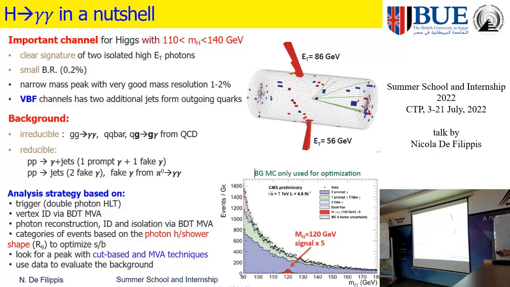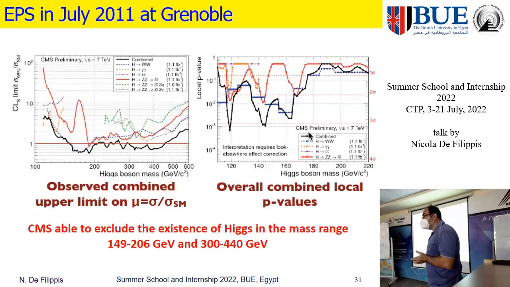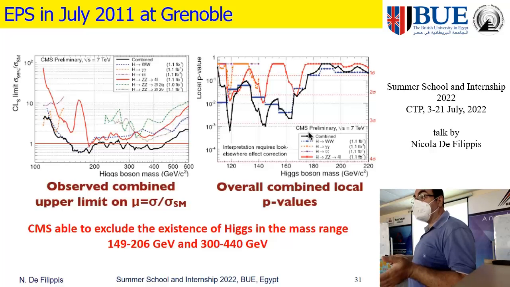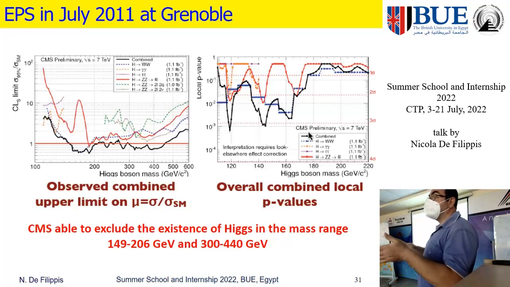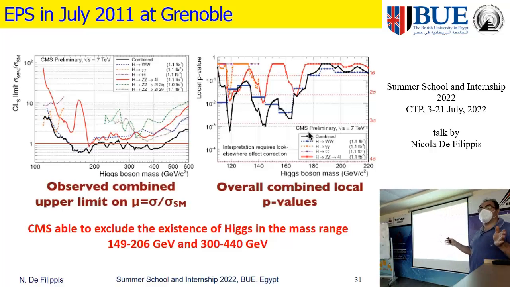Here there is a description of this analysis, but I just want to give you a historical introduction first. In July 2011, we were very skeptical about the Higgs existence, because we were able to exclude, by using a statistical interpretation of data, a large amount of the mass range.